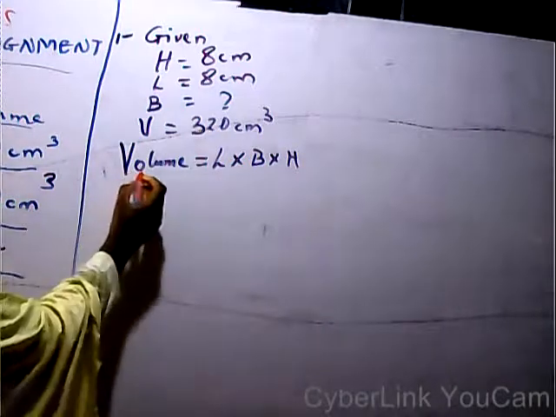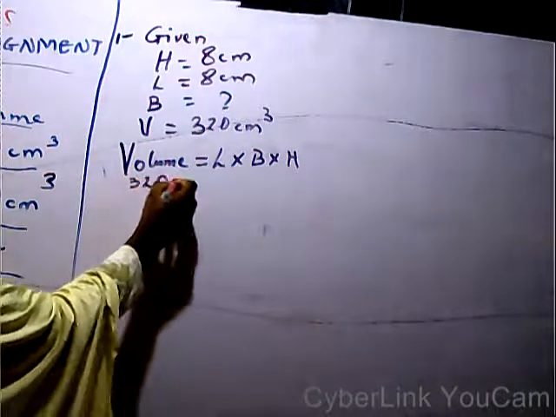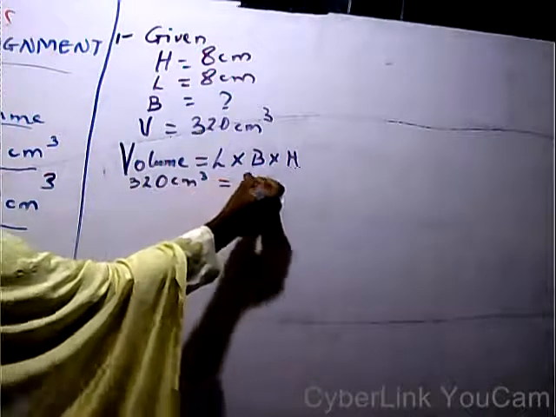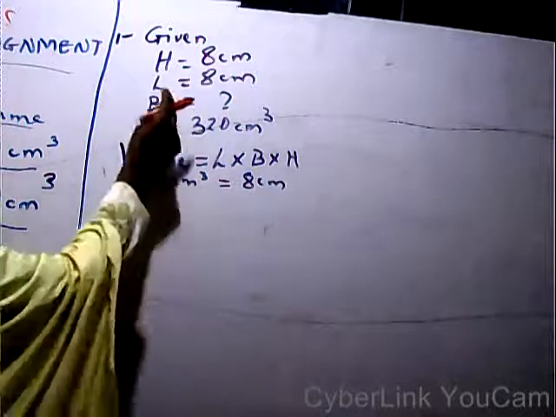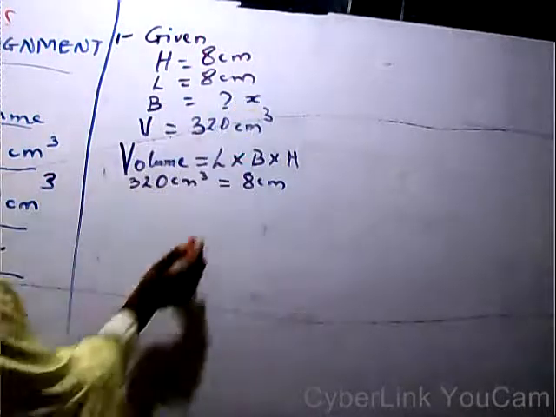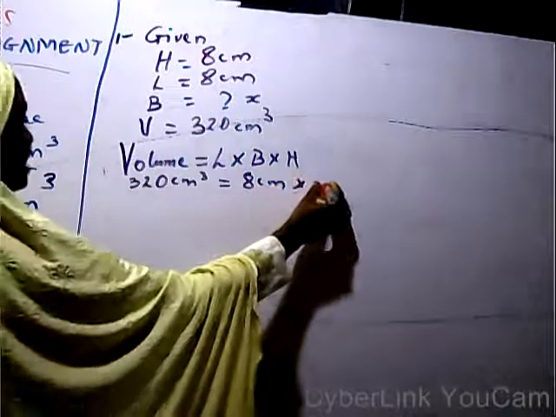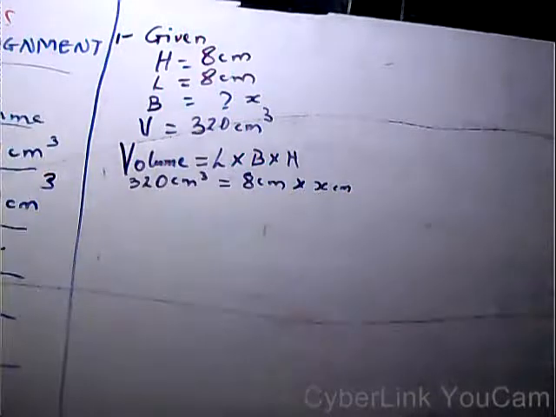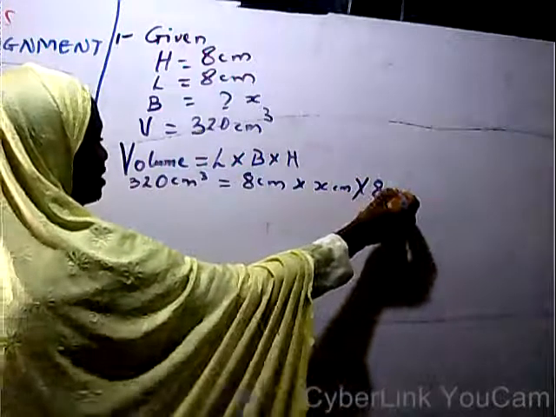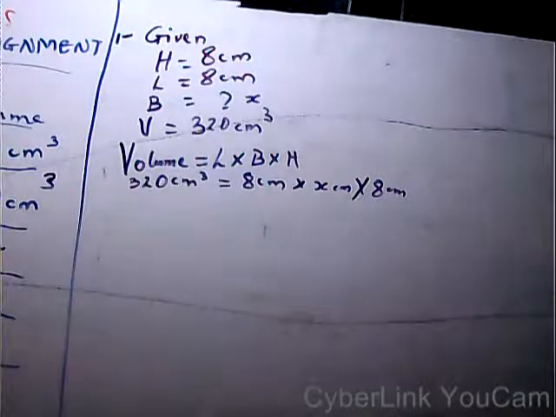We are given our volume to be 320 centimeter cube, and our length to be 8 centimeter. I want to represent my breadth by small letter x, and my height, which is 8 centimeter.